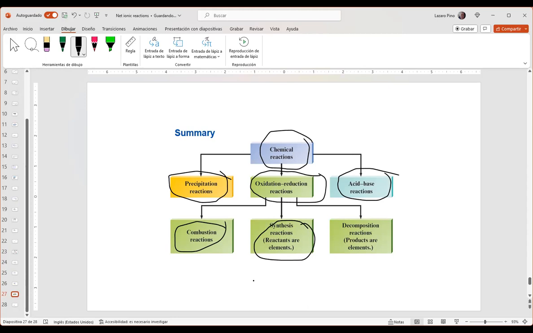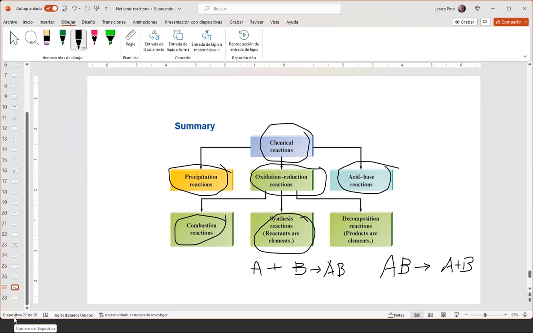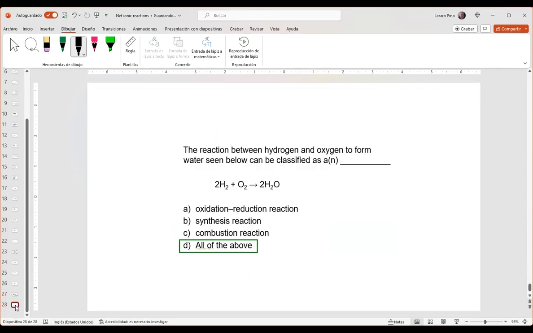Synthesis is done when we join together two compounds or two elements to give only one. And decomposition is the opposite. AB will be decomposed into A and B. Then here we have a general explanation of the different types of chemical reactions.